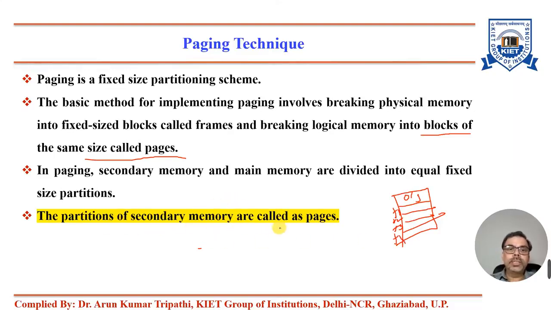The partitioning of the secondary memory is also known as pages. In general, the data resides in the hard disk, and whatever data is there, these are also known as blocks or sometimes pages.